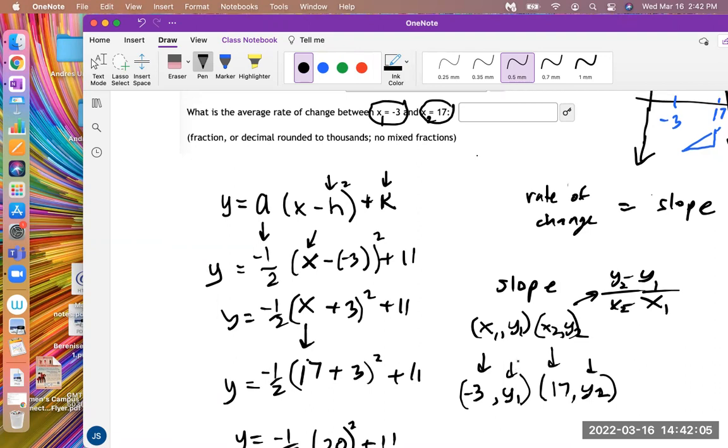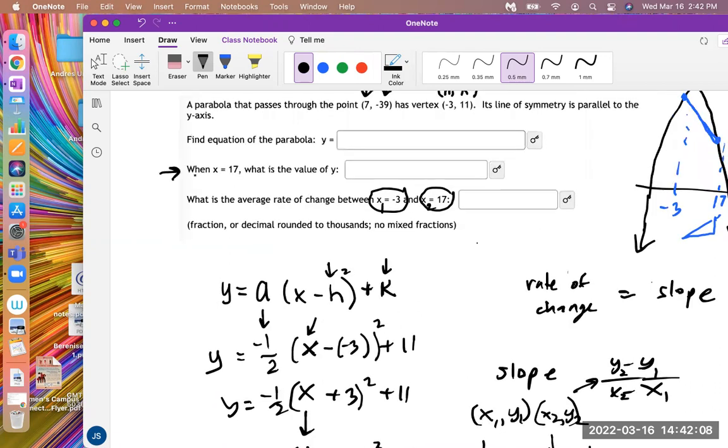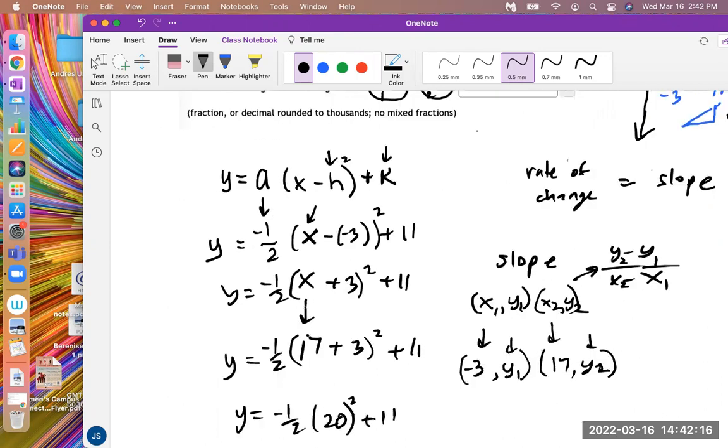Hopefully you picked up from this second part of the problem, if I'm given x equals 17, then to find the y value, we're going to do exactly what we did with that problem. We're going to plug in our x value, because every x value has a y value that belongs to it.